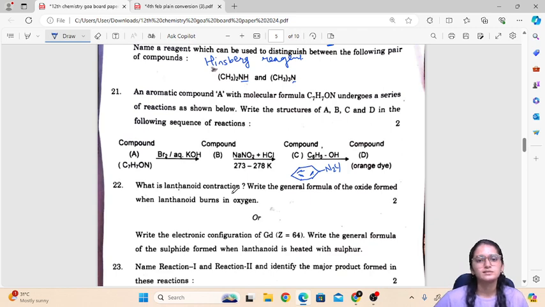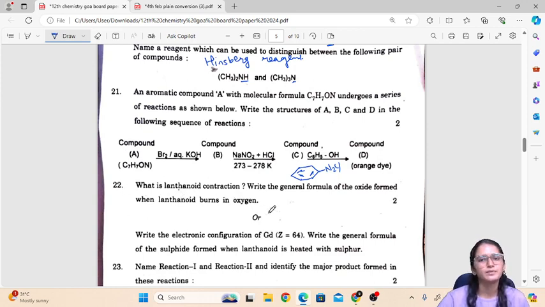Now why does this happen? Because D and F block elements provide very poor shielding. So in simple words we can write the definition as: gradual decrease in atomic or ionic radii from lanthanum to lutetium due to poor shielding of f orbitals is called lanthanoid contraction.